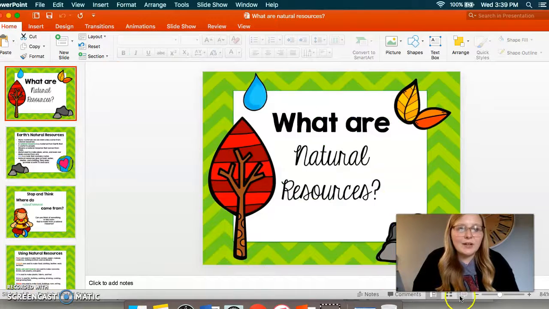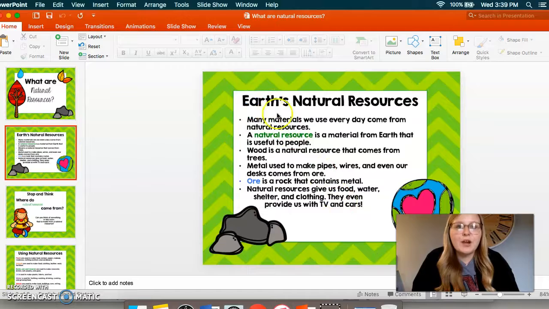Now we're going to take a closer look at natural resources. What are natural resources? Earth's natural resources. Many materials we use every day come from natural resources. A natural resource is a material from Earth that is useful to people.